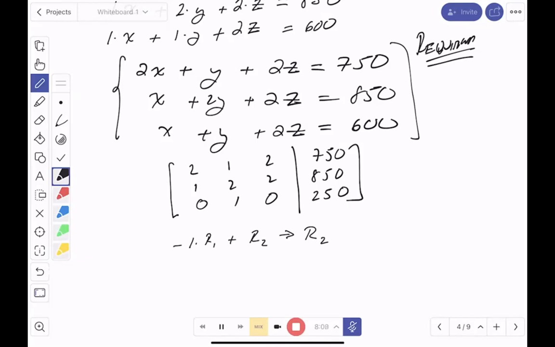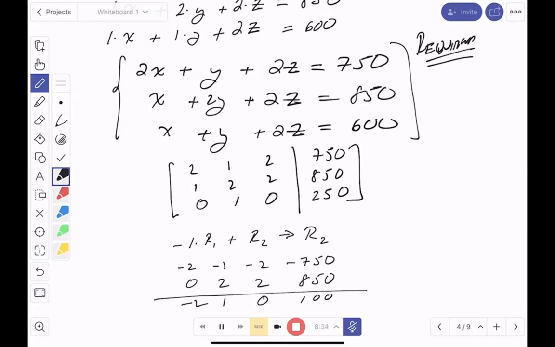Let's write that down. Minus 2, minus 1, minus 2, minus 750, plus 0, 2, 2, 850. That's going to give me minus 2, 1, 0, 100.